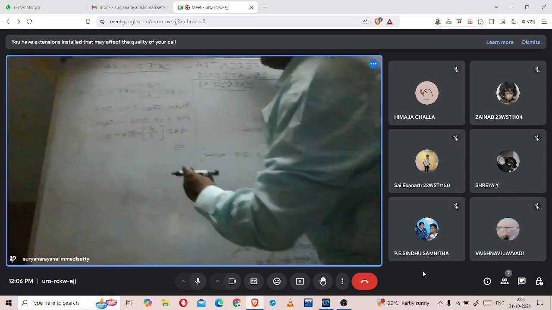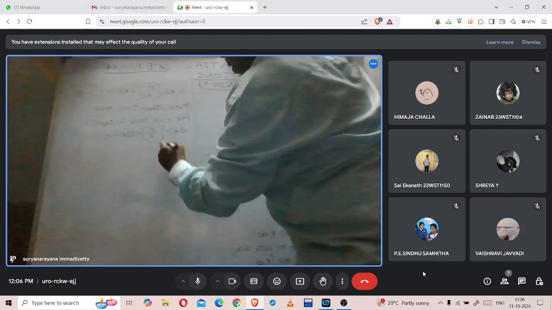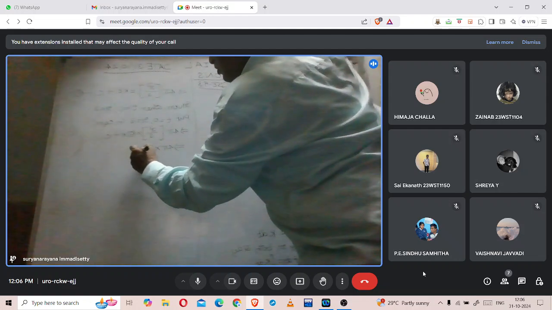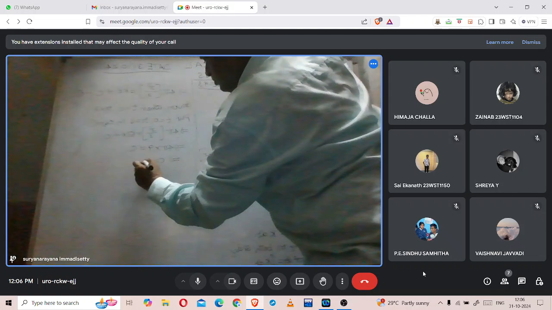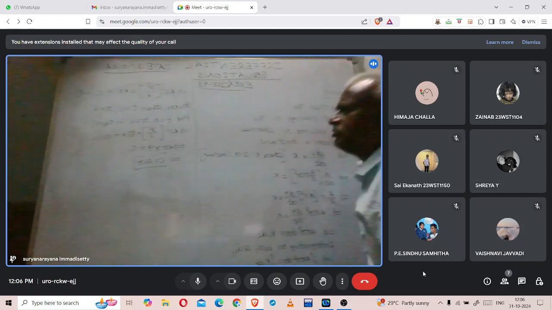Now we find the c value. Here 4 pi into 9 is equal to c, so c is equal to 36 pi.